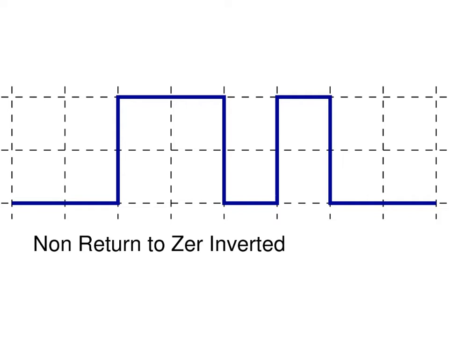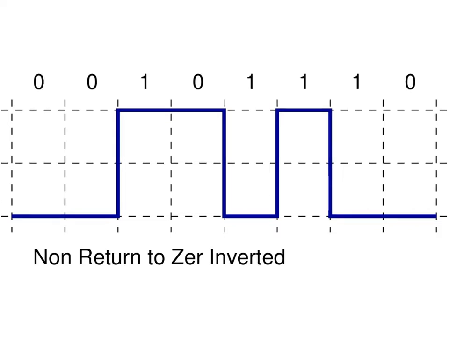So we actually need to know what was the previous value to determine. 0, 0. You see, whenever we have a bit 1, the level changes. Okay. Any problems with that one?